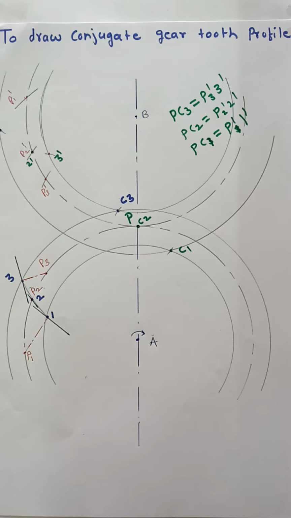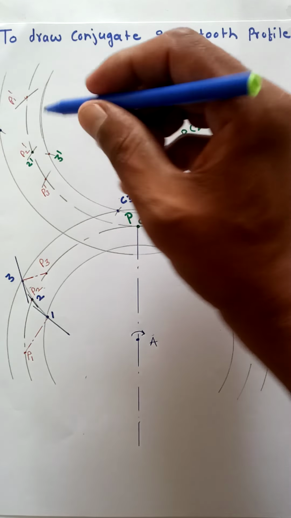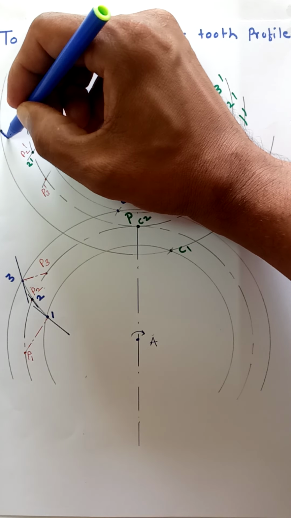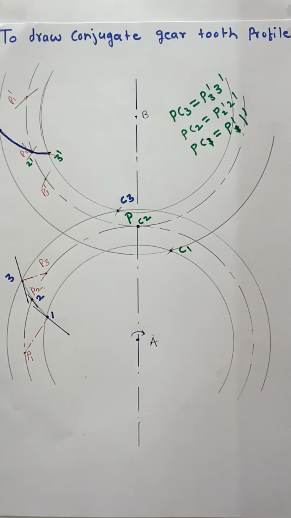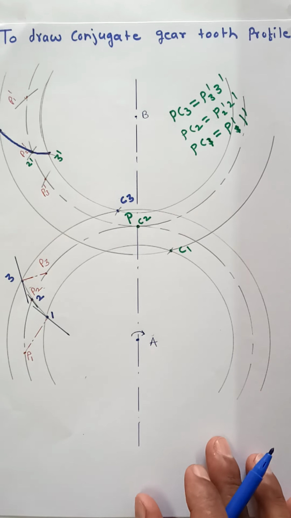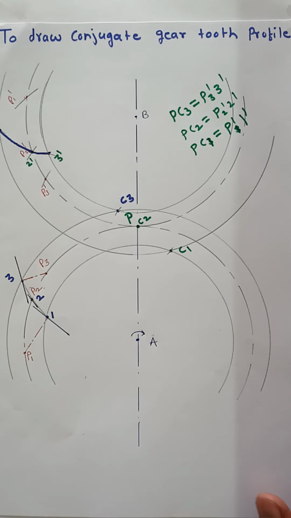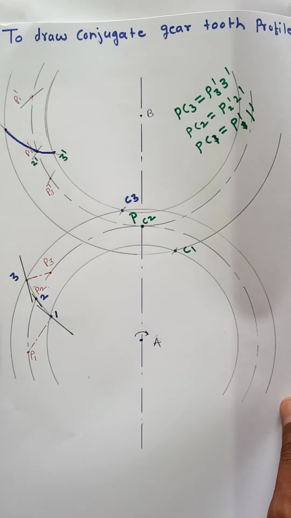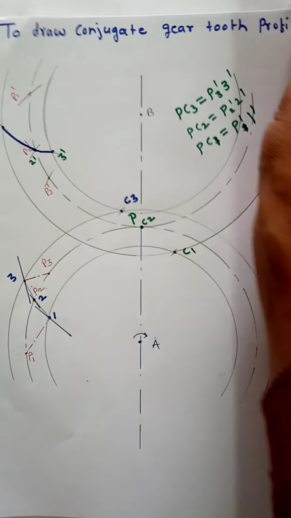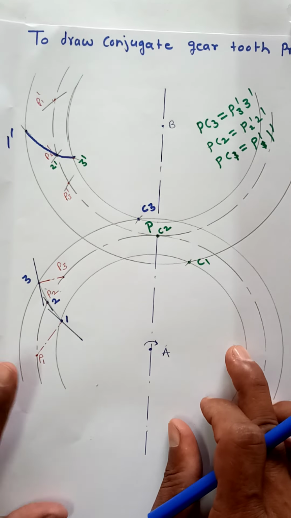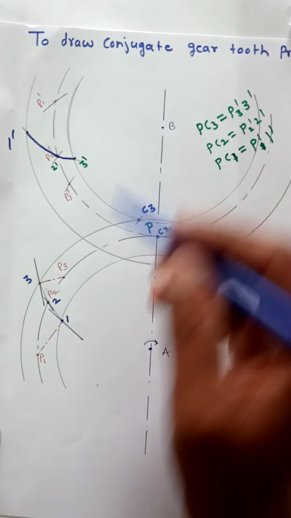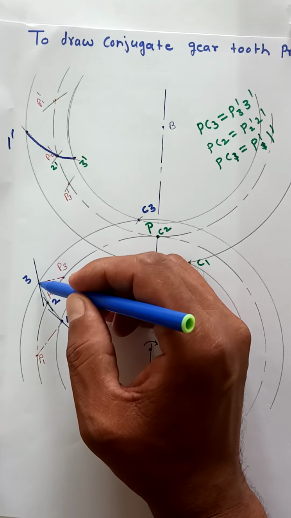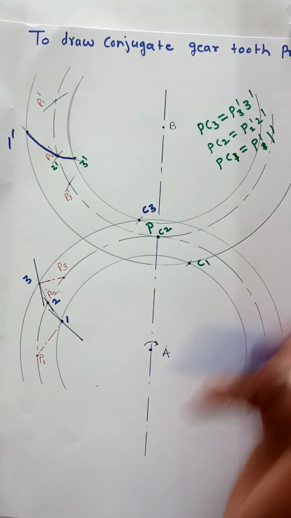Now we have marked all 3 positions. Now we will draw a smooth curve passing through these 3 points, 1 dash, 2 dash and 3 dash. Now this arc 1 dash, 2 dash, 3 dash is conjugate to arc 1, 2, 3.